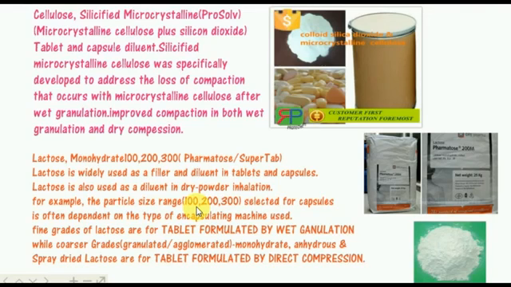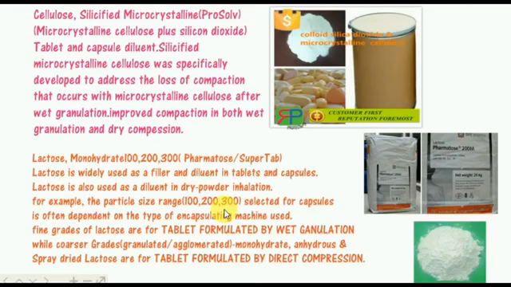For smaller capsule size, fine grades of lactose are used, while for larger capsule size, coarser grades are used.